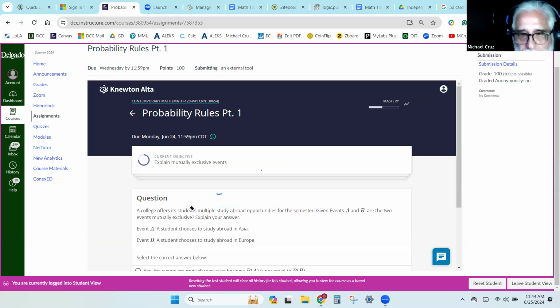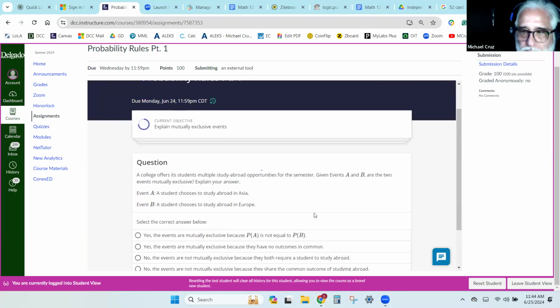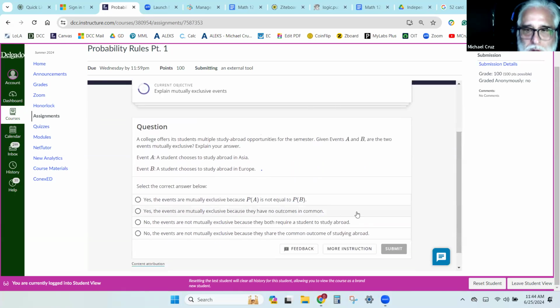All right. So this is just about mutually exclusive events. A college offers its students multiple study abroad opportunities for the semester. Given events A and B, are the two events mutually exclusive?